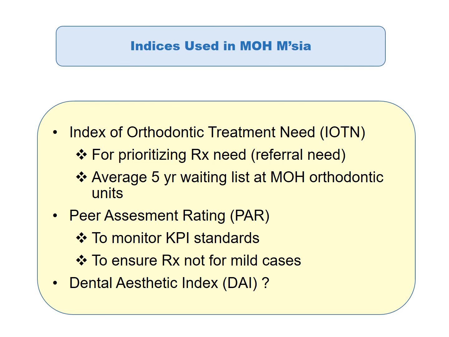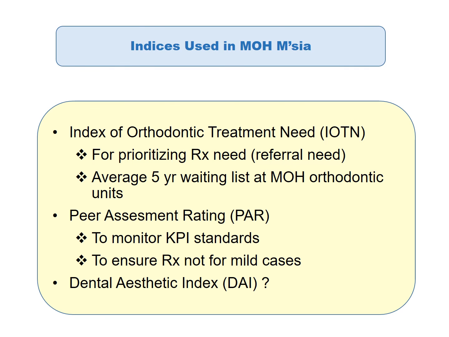Now, what are the indices used in the Ministry of Health Malaysia? The Ministry of Health Malaysia uses the Index of Orthodontic Treatment Need for prioritizing treatment need or referral need among Malaysian patients. This is necessary because on average there is a 5-year waiting list at most Ministry of Health orthodontic units.